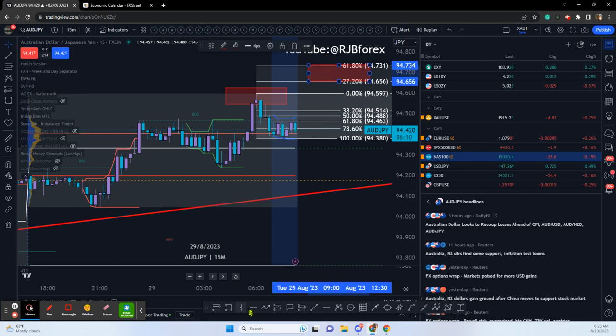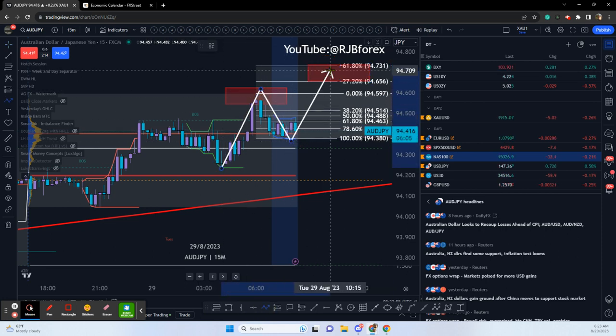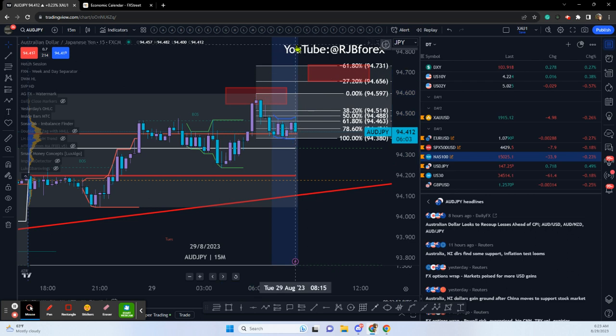Here, impulse correction, impulse. Or this is failing to stay up. We're consolidating, and we're going to squeeze back down into trendline support.